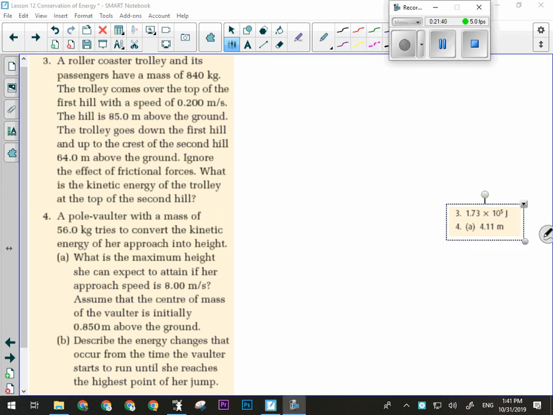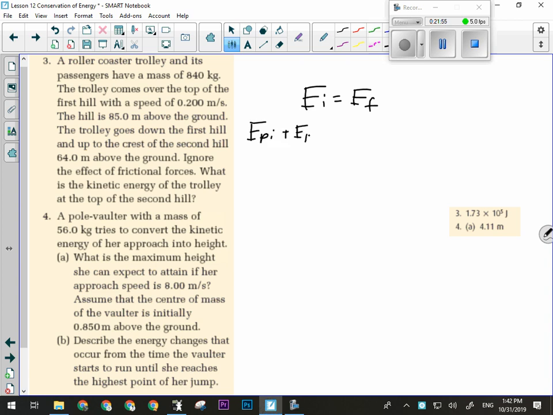Okay, so here's what we need to realize about the roller coaster question. This is still true: the mechanical energy on the first hill is the same as the mechanical energy on the second hill. That still means initial potential plus initial kinetic equals final potential plus final kinetic.